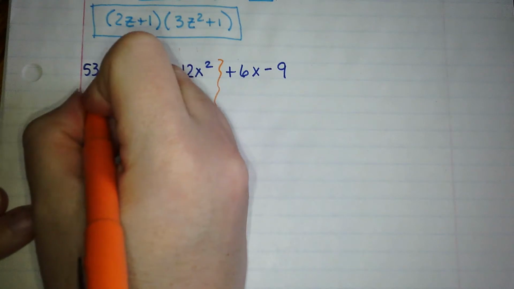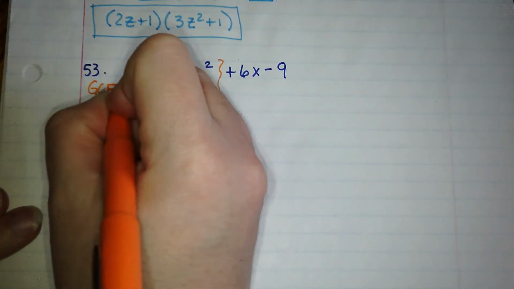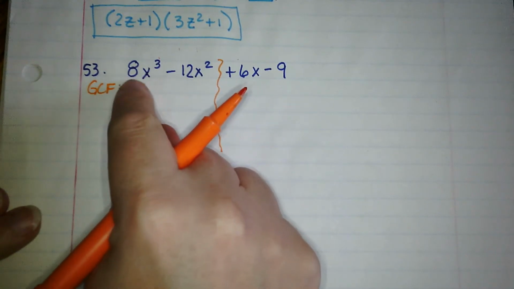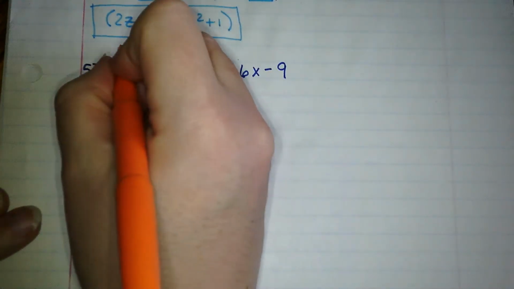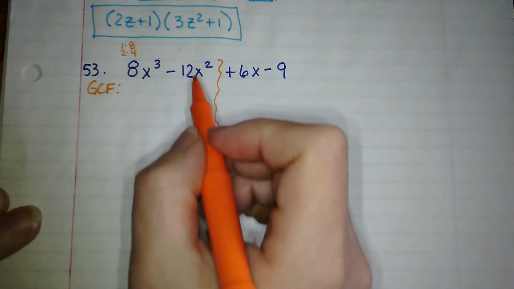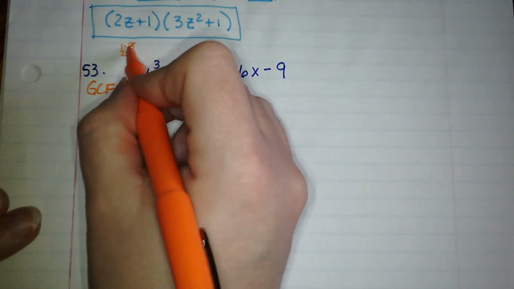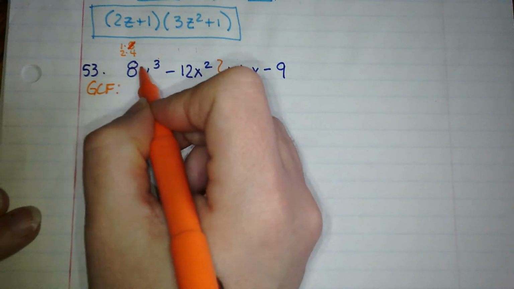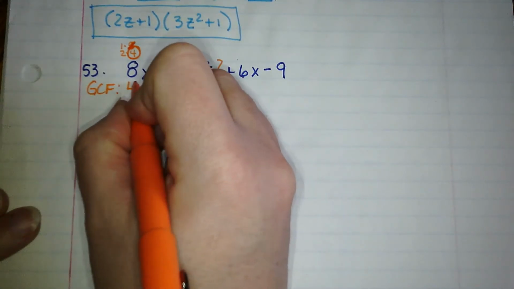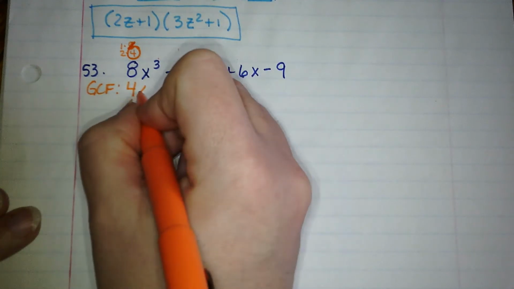We're going to GCF the left. Now, factors of 8, because 8's smaller, are 1 times 8 and 2 times 4. 12 doesn't divide by 8, so 8's not it. But 12 divides by 4, so 4 is it. The smaller exponent is x squared.